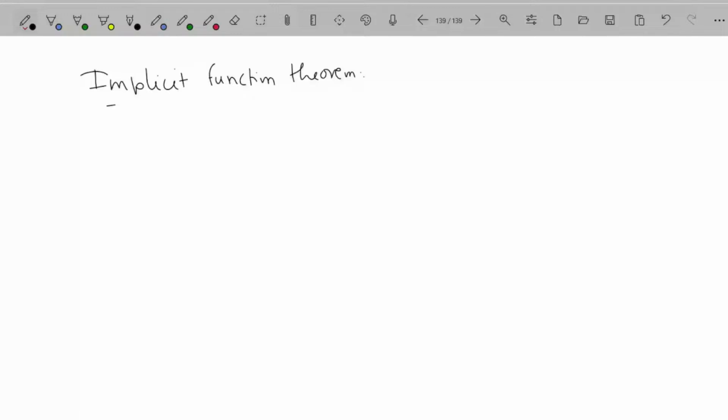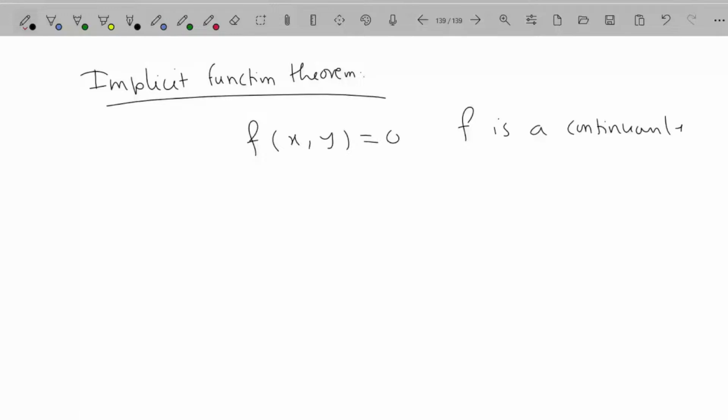Let's consider a real valued function of two variables, like f of x, y equals 0. So you have some relation of x and y equal to 0. f is a continuously differentiable function.